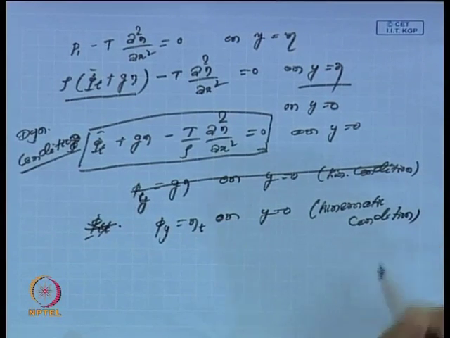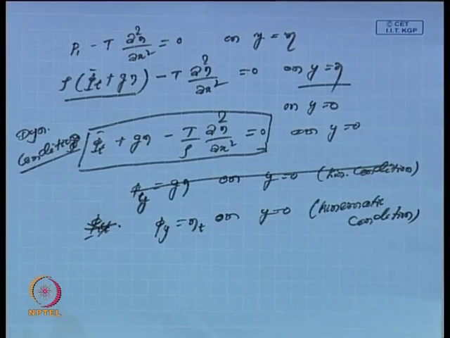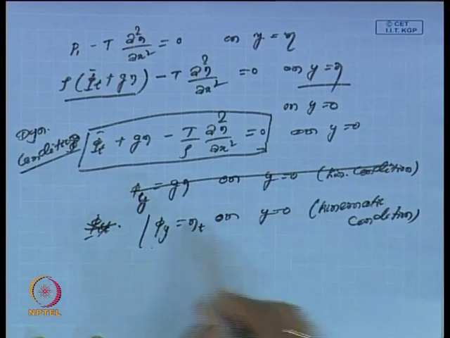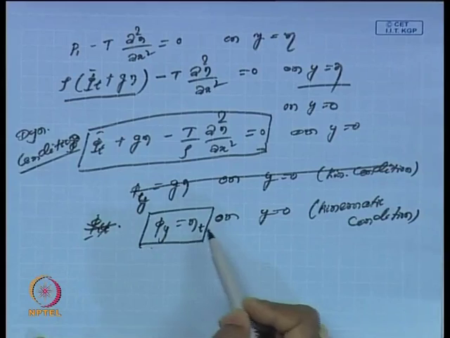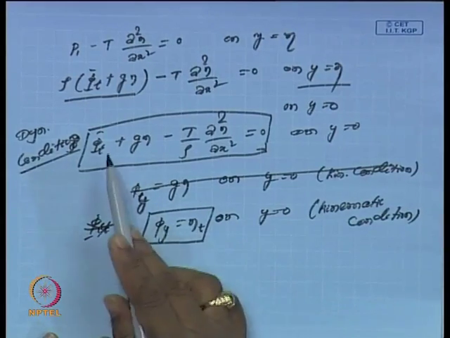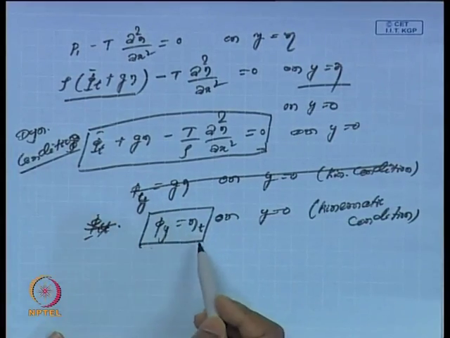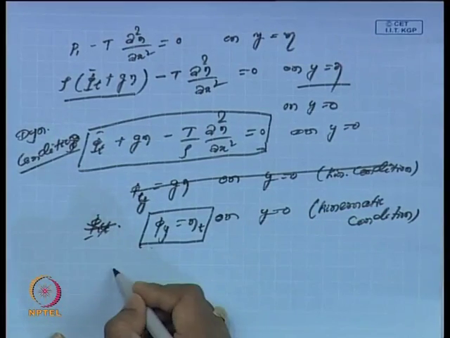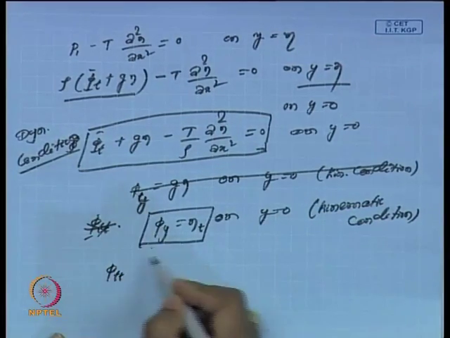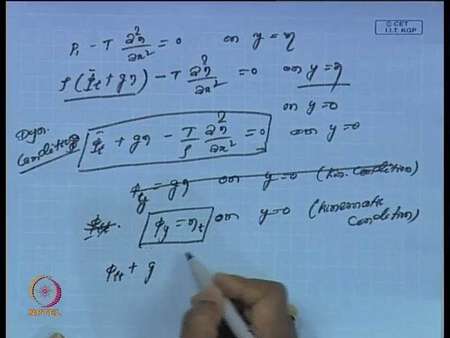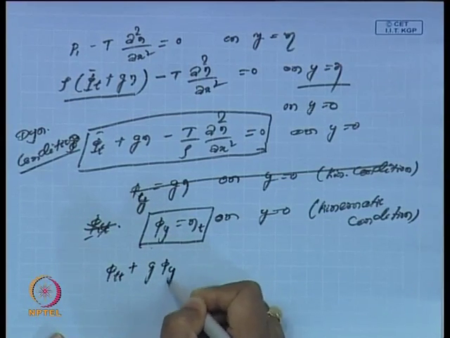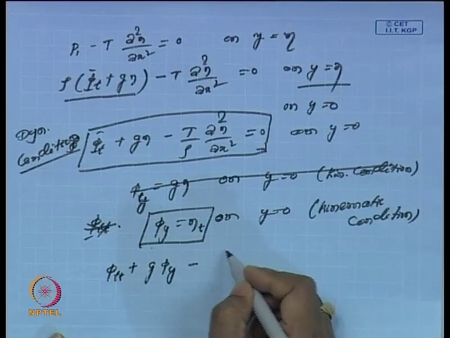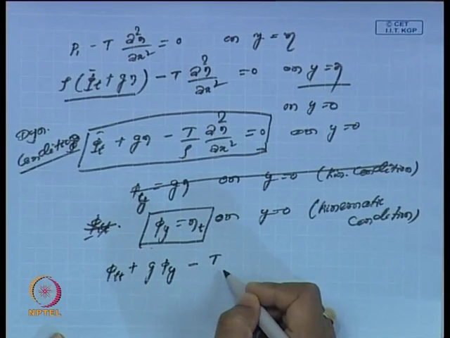So, if I combine these, eliminating eta from the dynamic condition using the kinematic condition, that gives me phi t t plus g eta t, which gives phi y, minus T by rho.